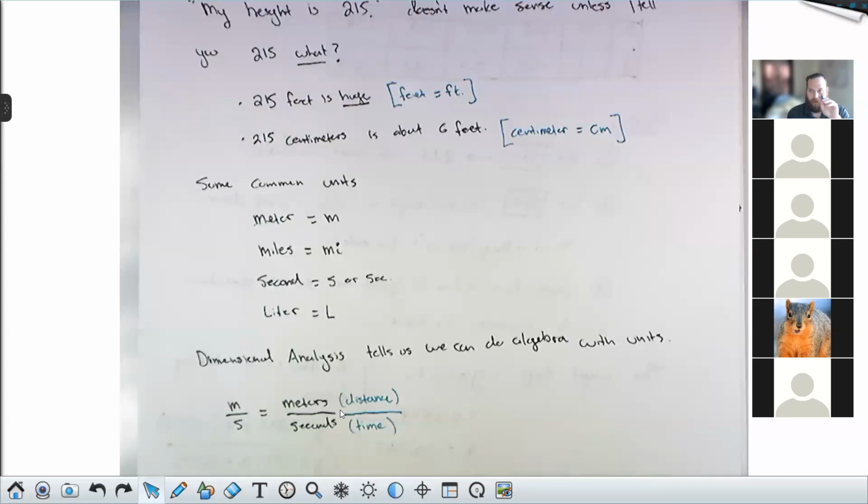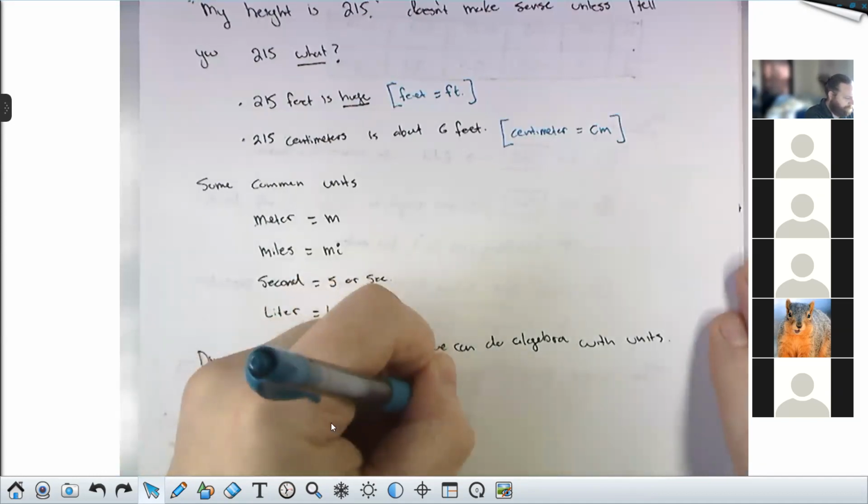It'll say MI divided by H. That's miles per hour. The division bar can be thought of as the word per, right? Like if I have $100 and I want to divide it up among my 10 best friends, that would be $100 divided by 10 friends, or $10 per friend, right? The division bar and the word per in English mean the same thing. So if you take a distance and you divide by a time, like meters per second or miles per hour, this is a speed.